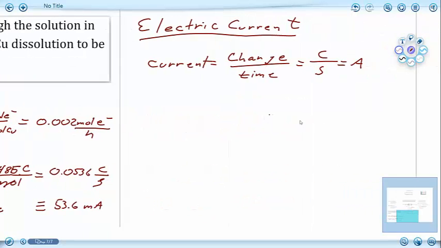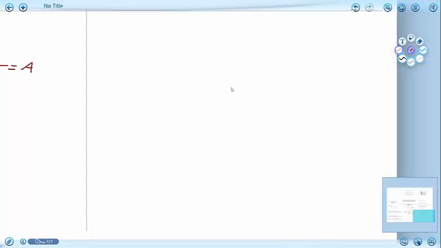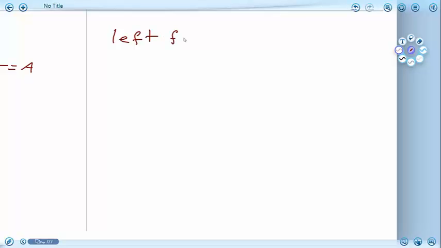So there are only a couple other things in the first part of our electrochemistry tutorial that I would like you to figure out on your own. We'll call this left for you.